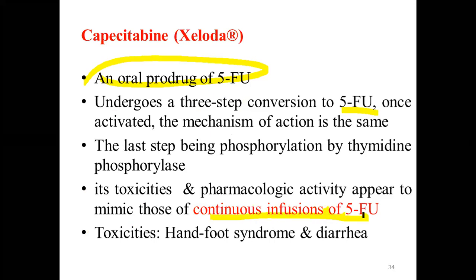Capecitabine is actually more tolerable than 5-FU. Xeloda is the most common brand name for capecitabine and is commonly used nowadays, depending on the preference of the medical oncologist. So what kind of toxicities do you expect with capecitabine? Hand-foot syndrome and diarrhea are very, very common.